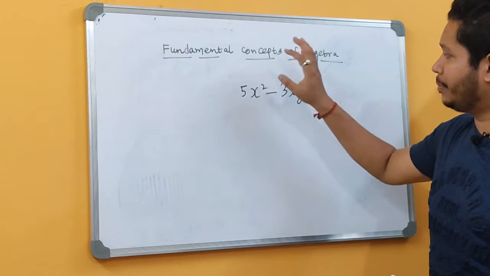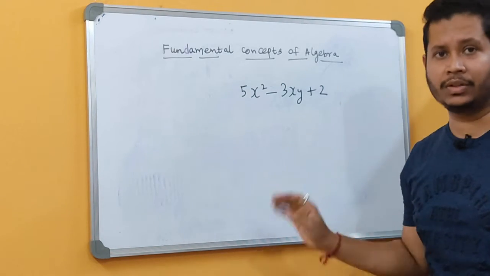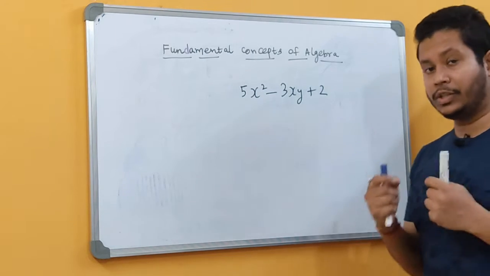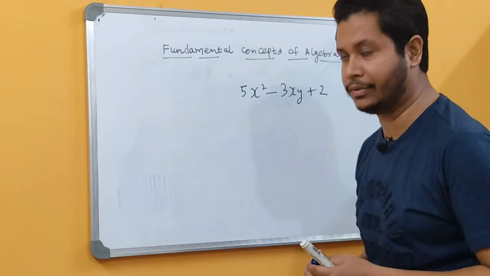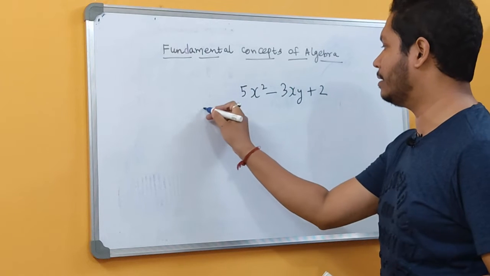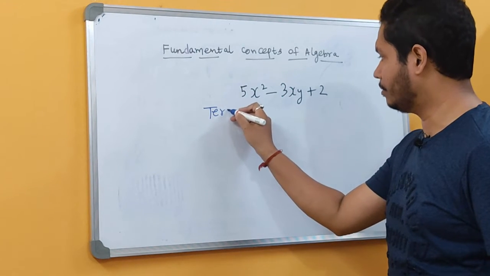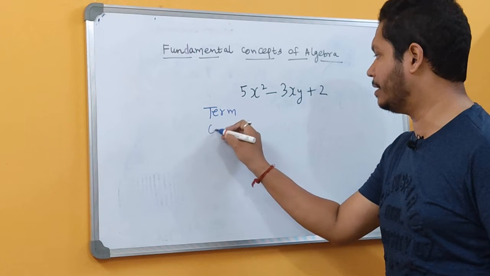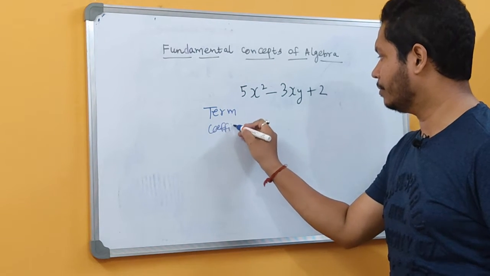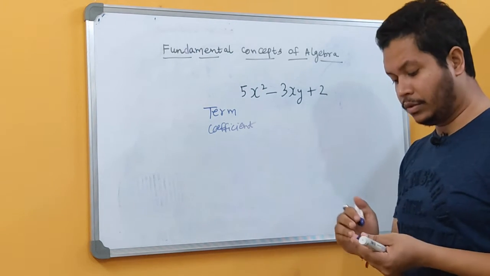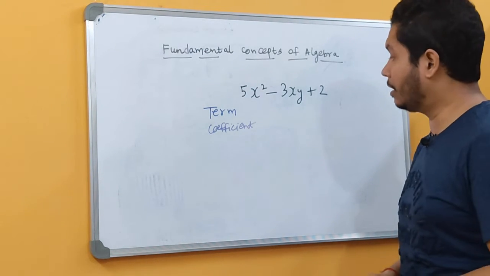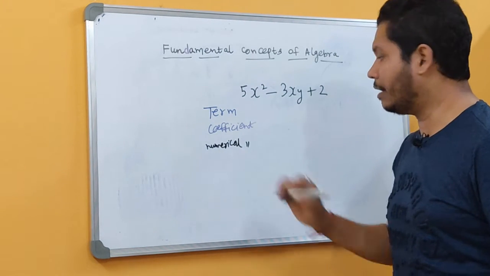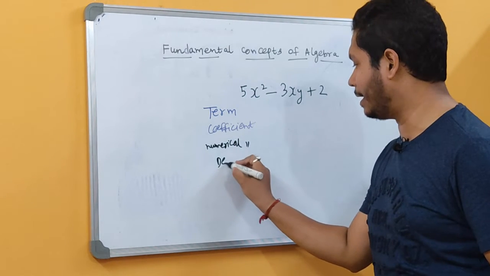Now, to understand the basic concepts of the expression, we first have to understand a few basic terms. The first thing we have to understand is what a term is. Next, what a coefficient is. Then what a numerical coefficient is, and we also have to learn what a degree is.